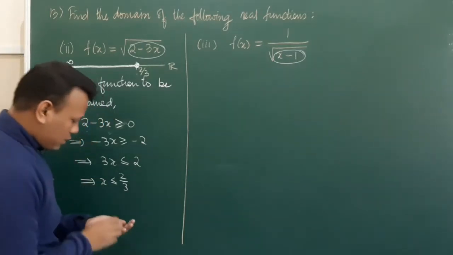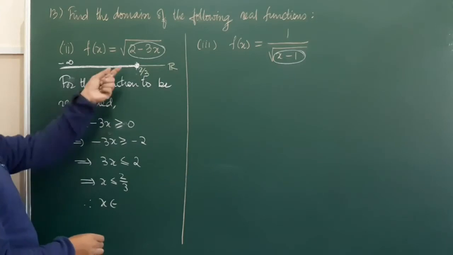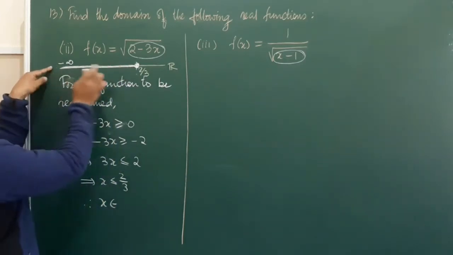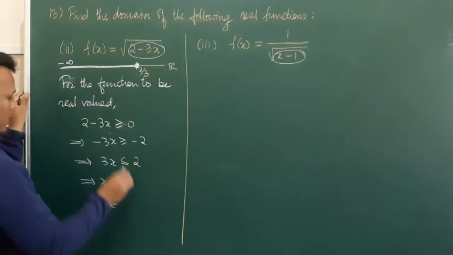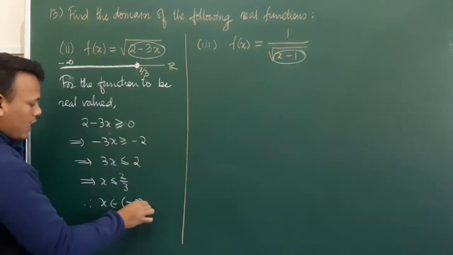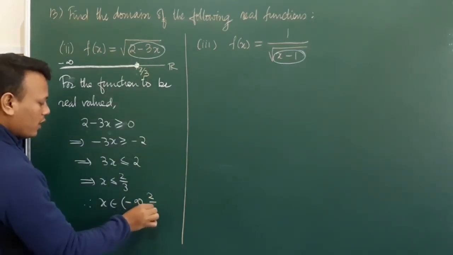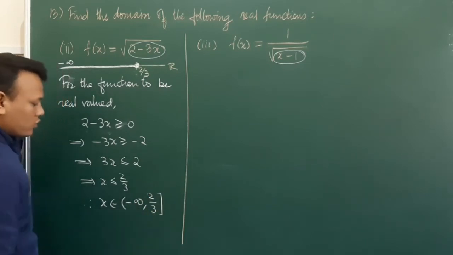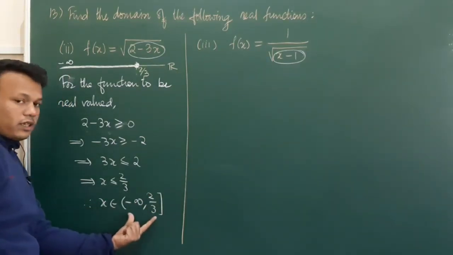So x must come from minus infinity and must end in 2 by 3. Minus infinity is always open, and 2 by 3 is included, so 2 by 3 will be closed here. So x belongs to this particular interval.